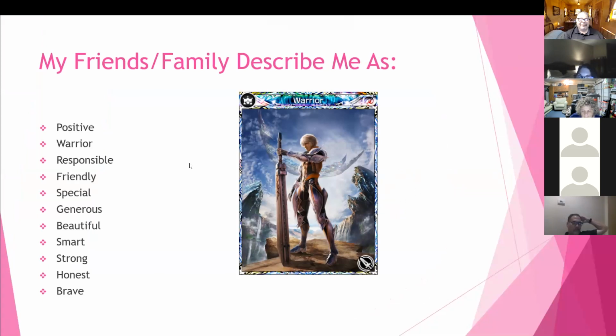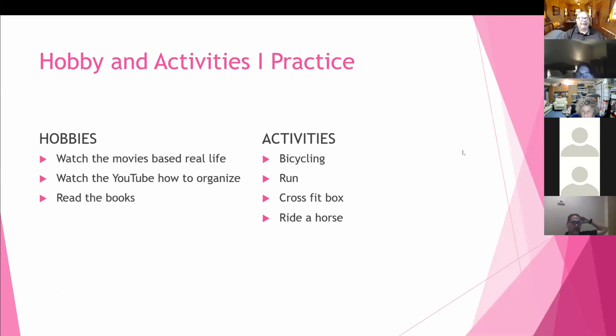It's a picture of a wearer card. And then hobbies and activities I practice. Hobbies: watch movies based on real life, watch YouTube, how to organize, read books. Activities: bicycling, run, CrossFit box, and ride a horse.